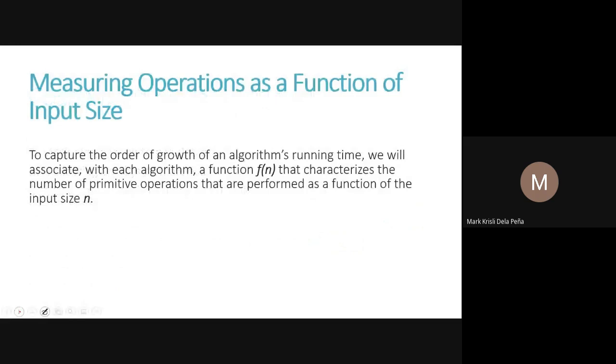So how do we measure the operation of an algorithm? We measure it using that algorithm as a function of time. To capture the order of growth of an algorithm's running time, we will associate with each algorithm a function that characterizes the number of primitive operations performed as a function of the input size n, meaning we will have to create an equation for the algorithm.